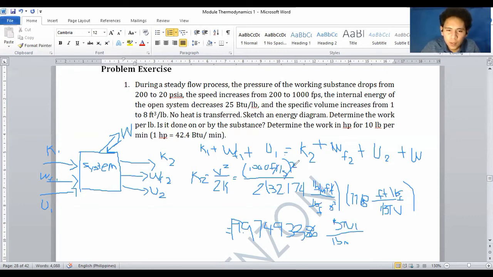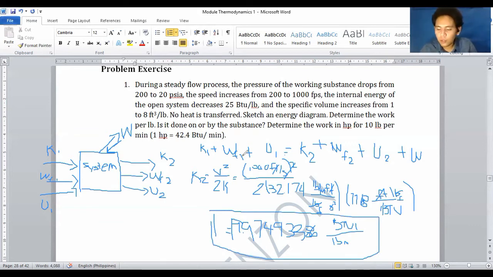Since it is squared, feet squared, second squared, we cancel those too. All we have left is BTU per pound mass. So therefore your kinetic energy 2 is 19.97. You have to store it also. Then next, your flow work 1. I'm going to erase this first.